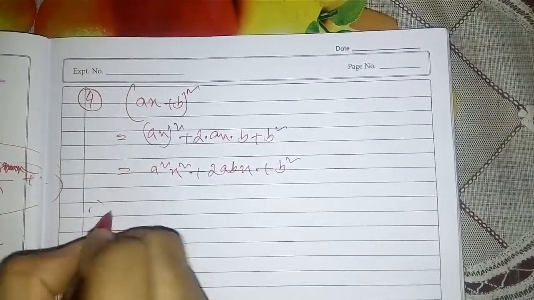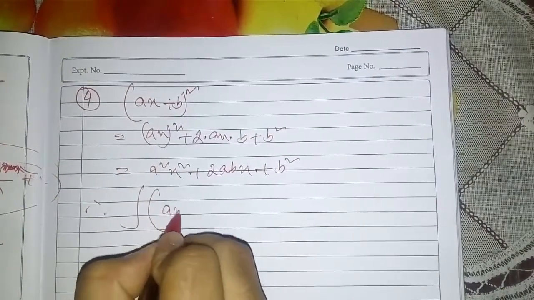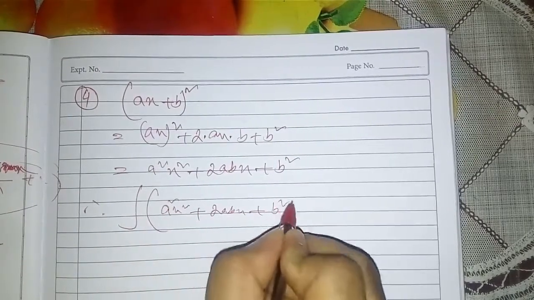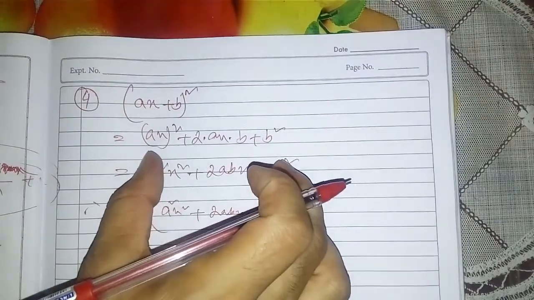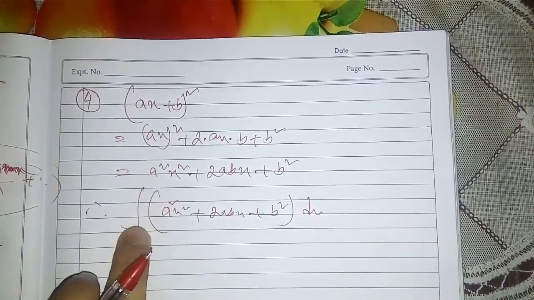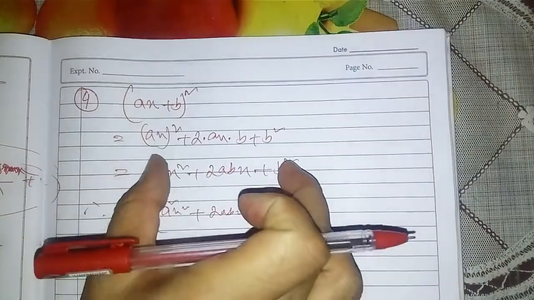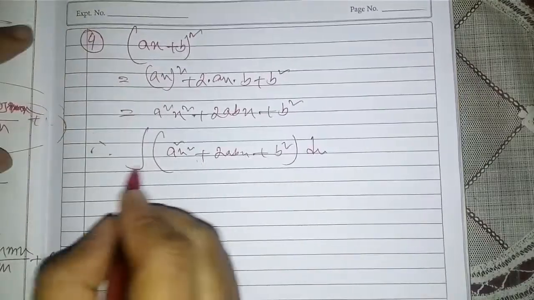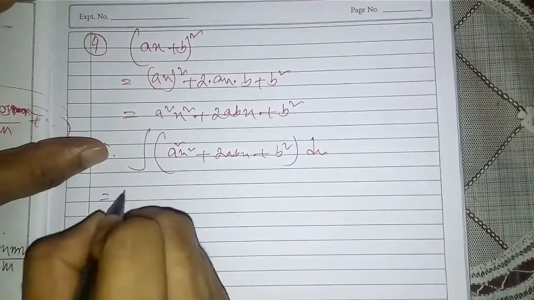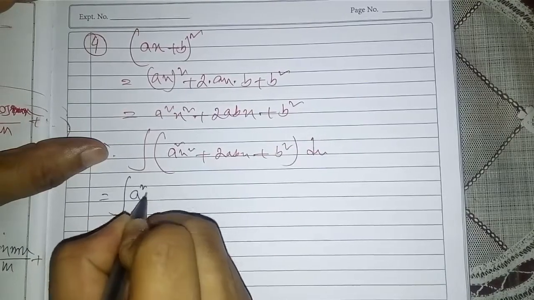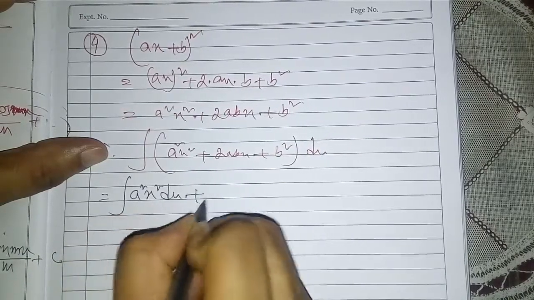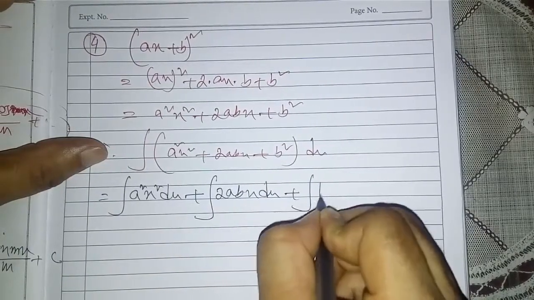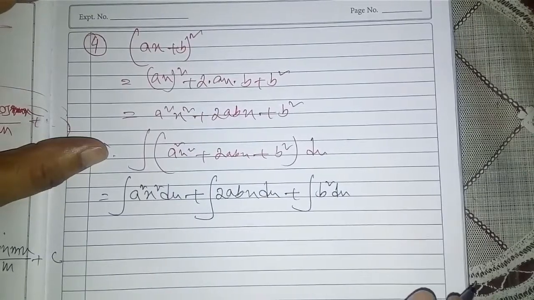Therefore integration of a square x square plus 2abx plus b square dx. The whole expression goes inside the integration symbol, then dx. Now you can separate it: integration of a square x square dx plus integration of 2abx dx plus integration of b square dx.